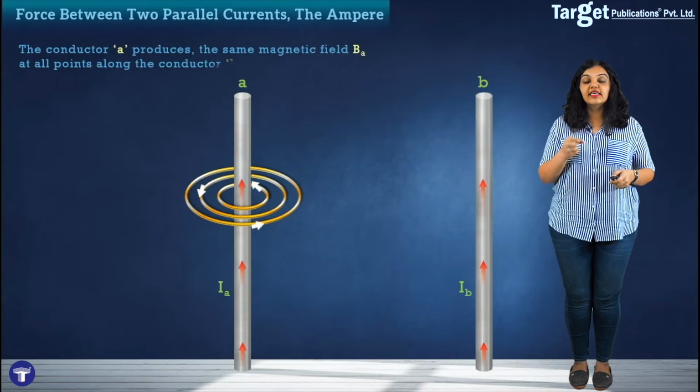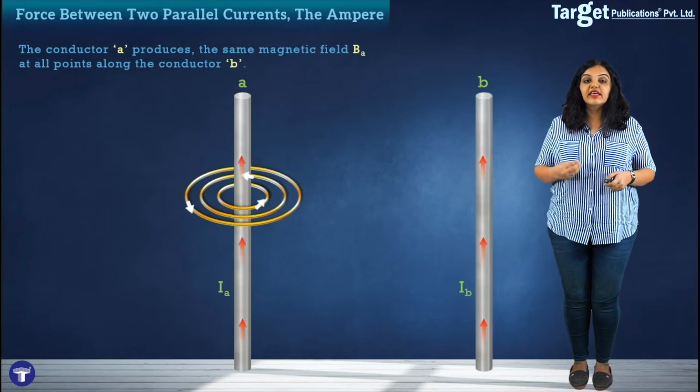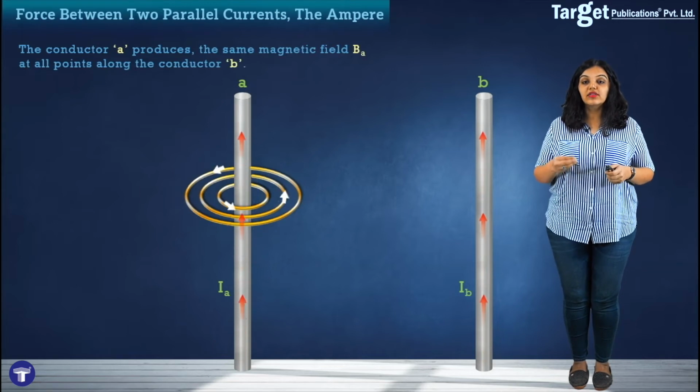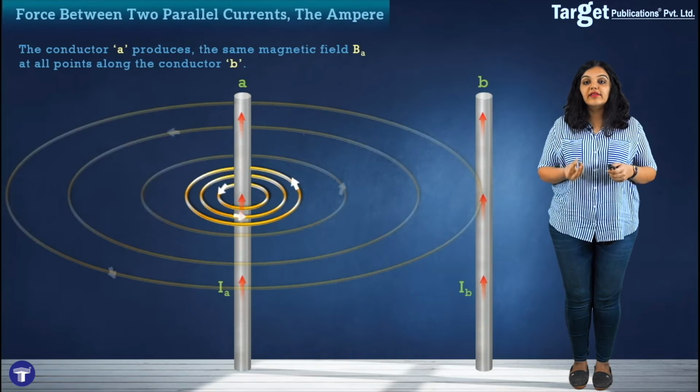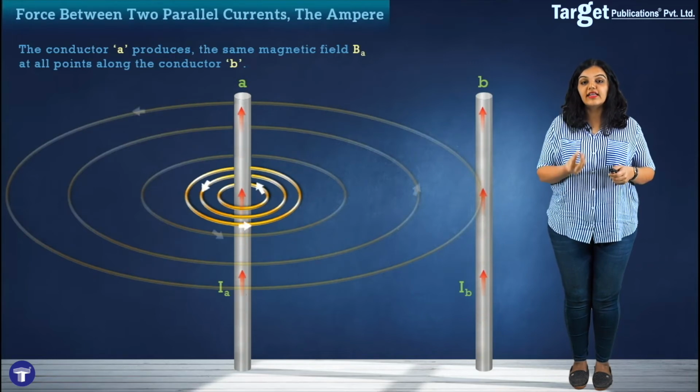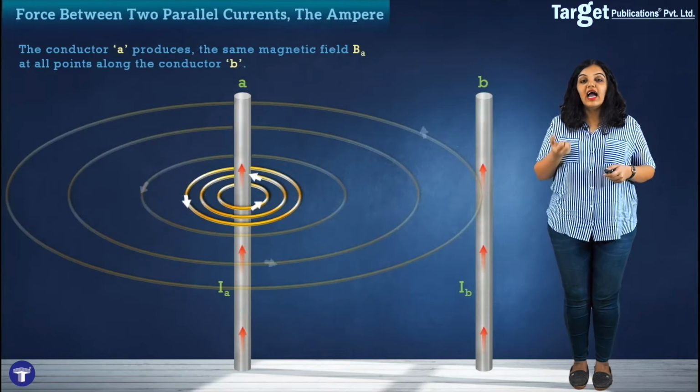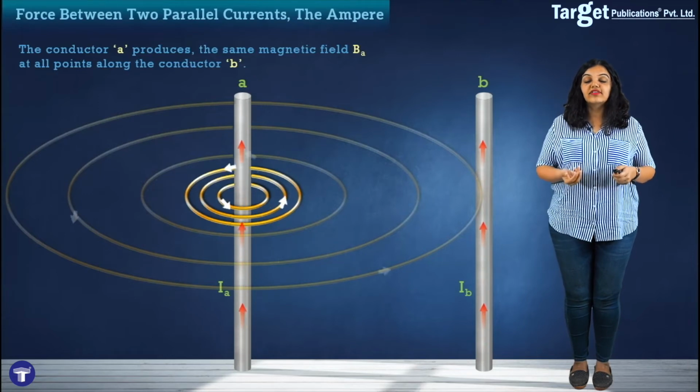So I am saying that the conductor A produces the magnetic field BA at all points along the conductor B. So if you only look at B, it's like keeping a current carrying conductor in a magnetic field, and we know how to find the force on this current carrying conductor.